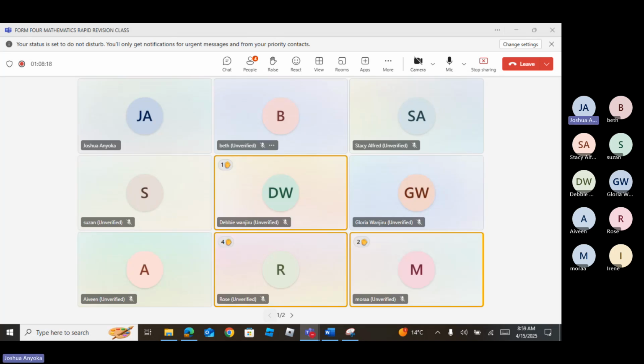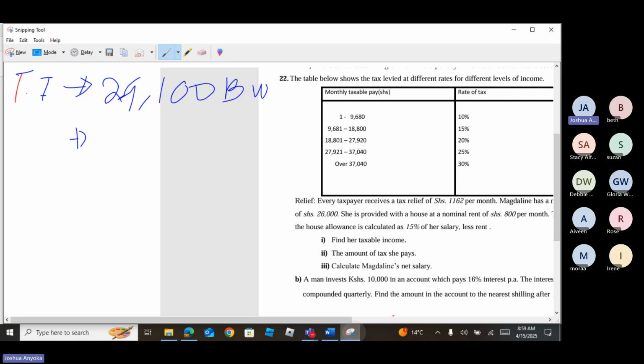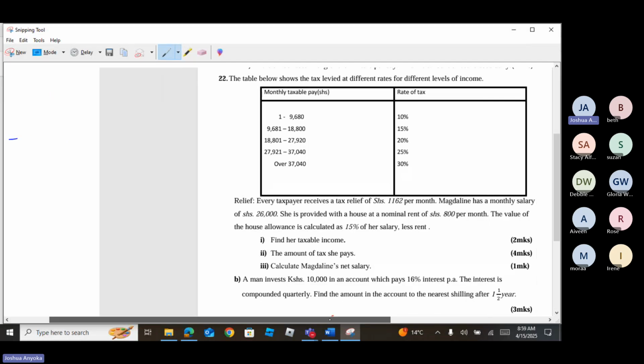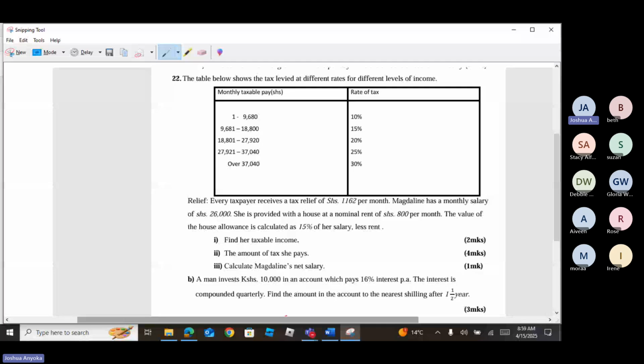Now let's confirm what we have. Taxable income. From the reading of the question, we are told that this person is housed by the employer. And we have the formula of calculating 15% of her salary less rent.